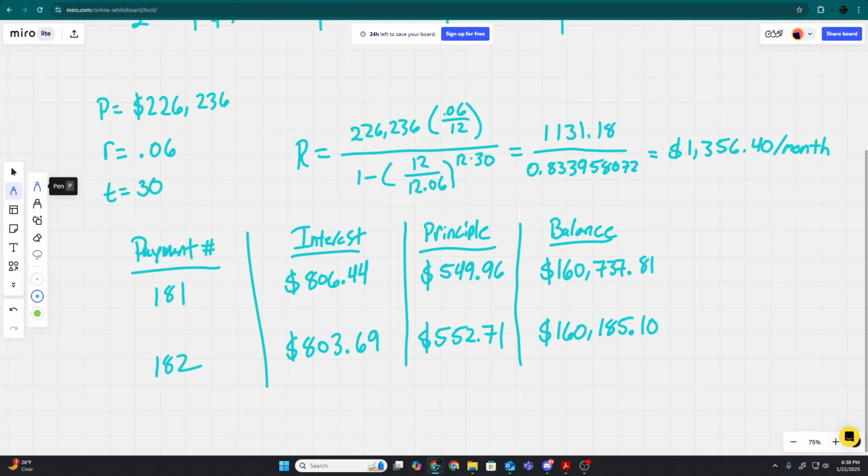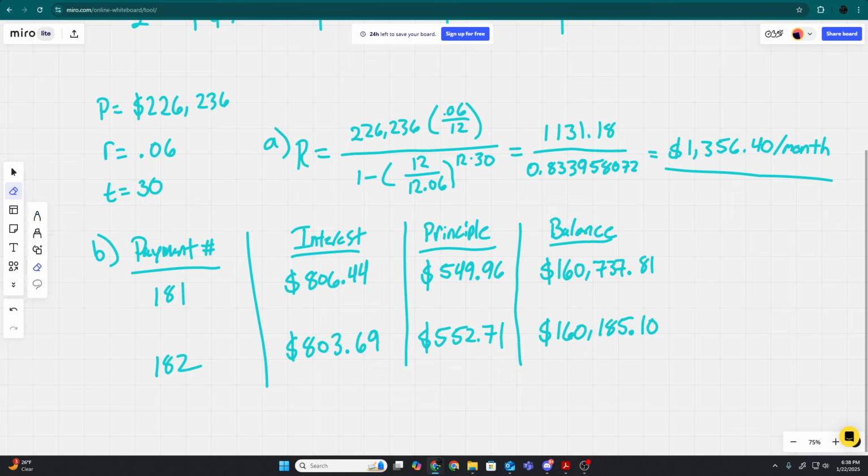Okay. So for part A, we had to find the payment. Okay, so this is the part A part here. I should label this. This is the part B answer here. So we needed to know this answer in order to do the payment.